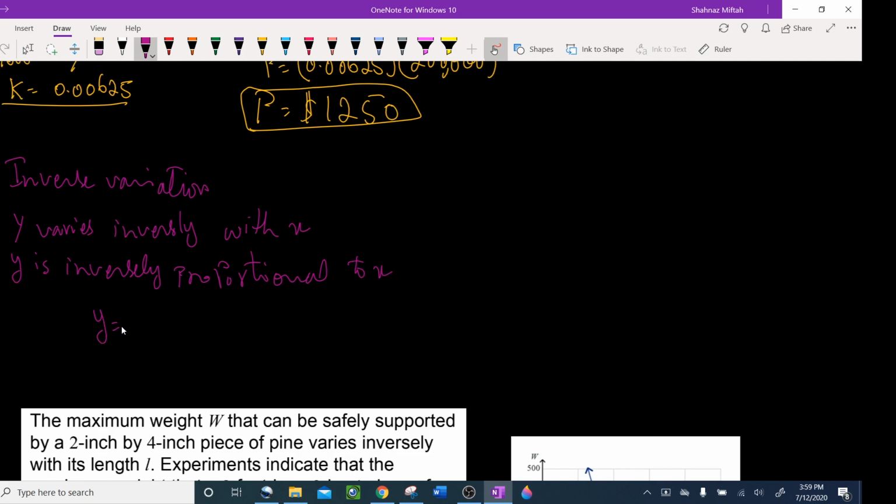The formula is y equals k over x. That's inverse proportion. Inverse proportion is always division. Okay, so that's inverse proportion.